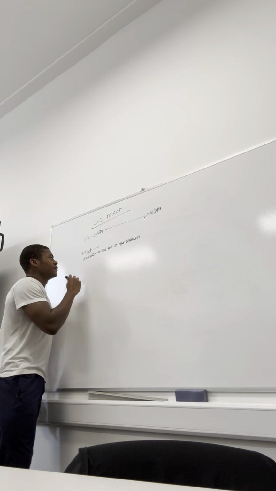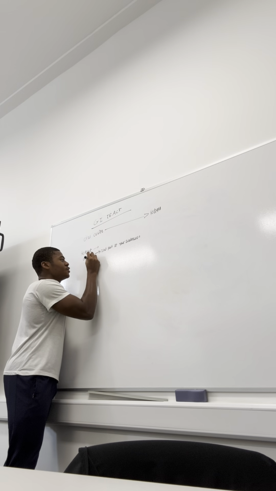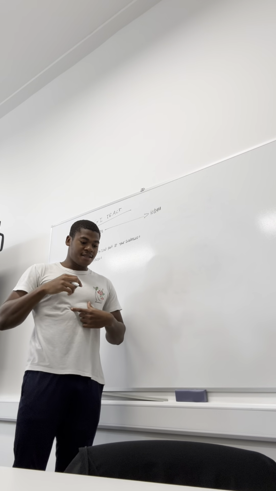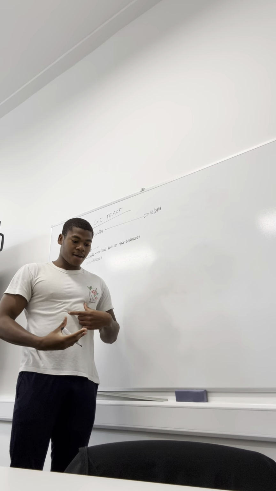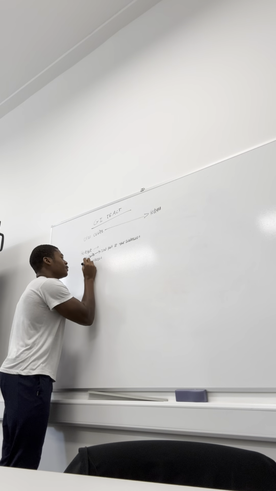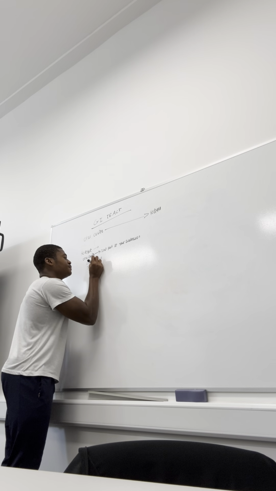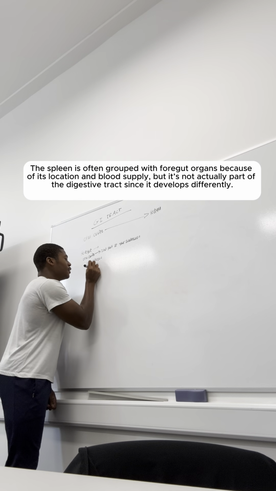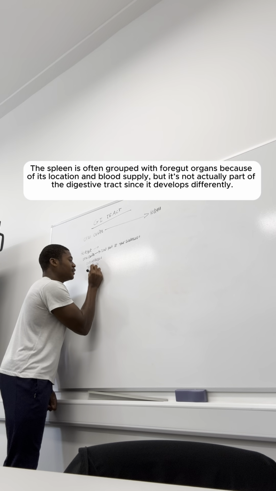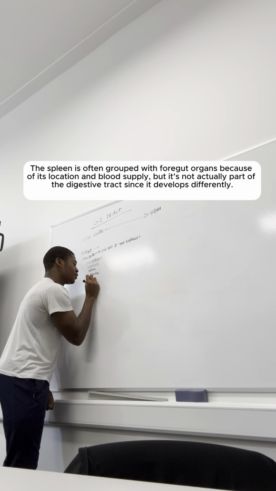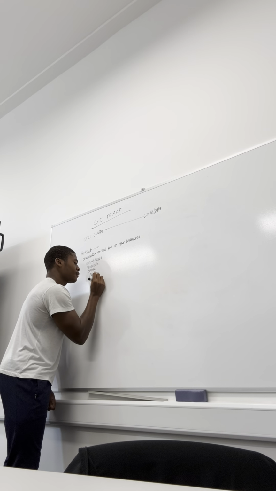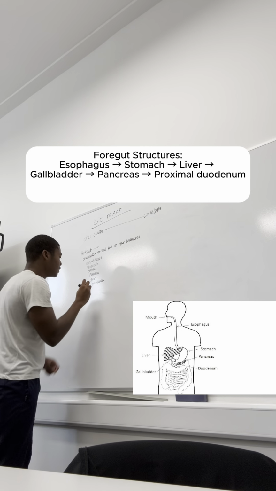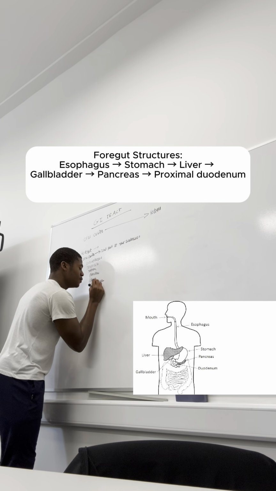That's what we're going to go over right now. So you have your oral cavity, you also have your esophagus, and then you have your stomach as well. In part of your foregut, you're also going to have your spleen, your pancreas, your liver, your gallbladder, and you're going to have your duodenum up to the second part.